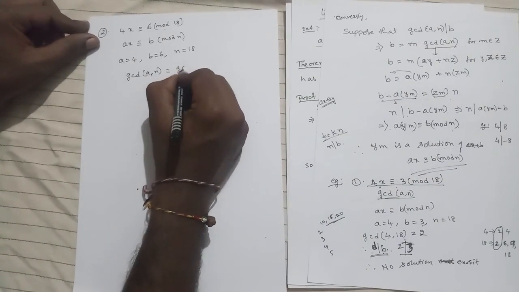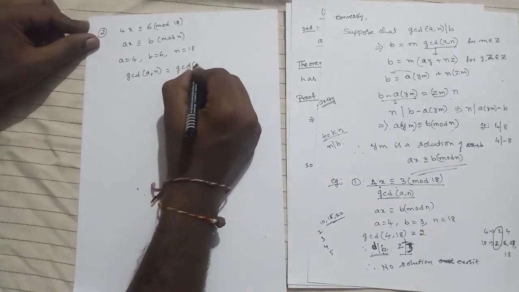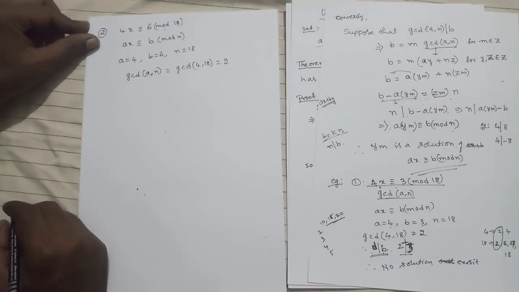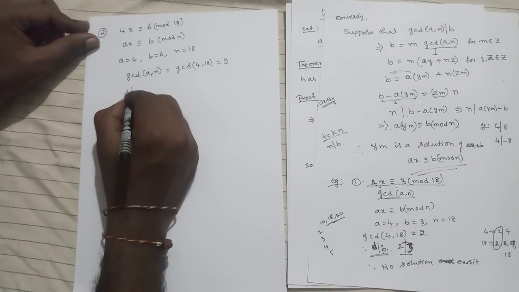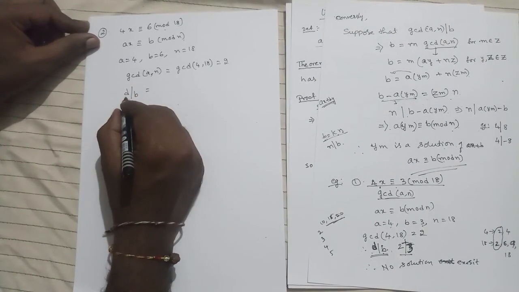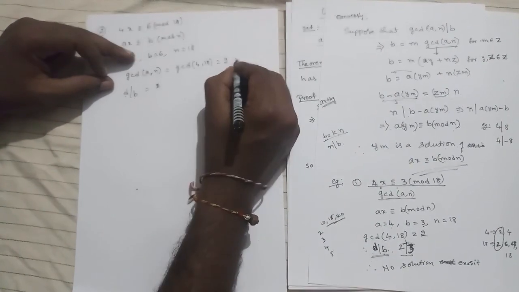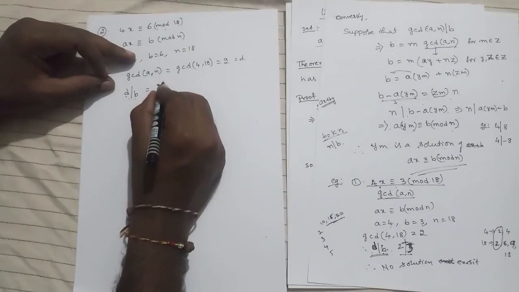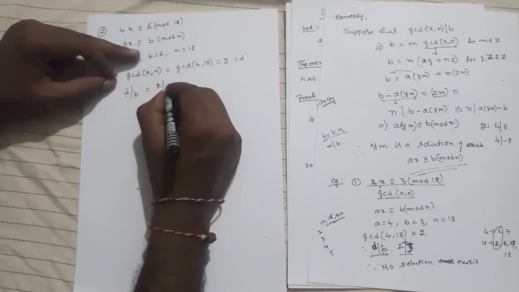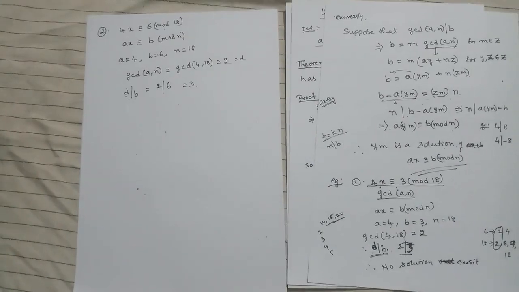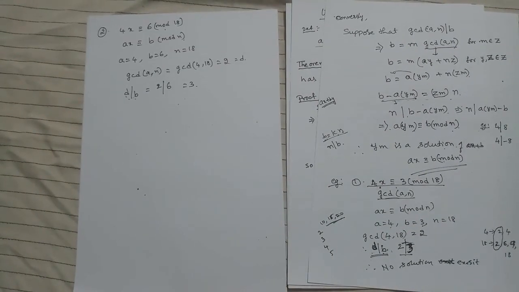GCD of 4 comma 18 is 2. So here you have to check whether d divides b. Here 2 is your d. So d divides b, the value is 6. 2 divides 6, you will get 3. Remember that one.